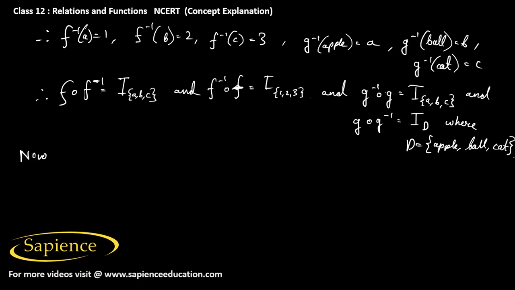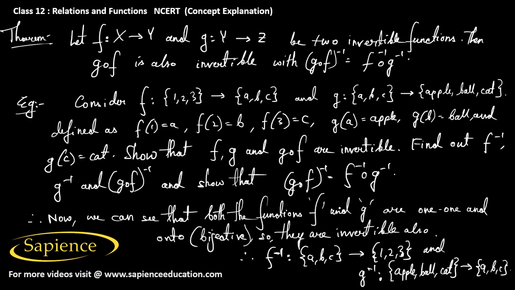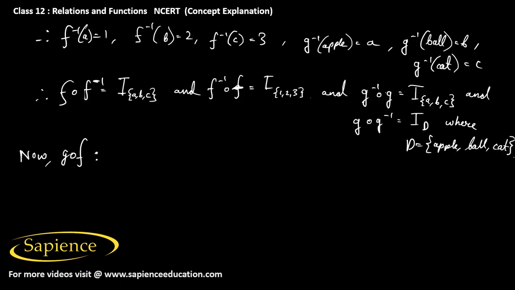So now, therefore, g of f will map from the set 1, 2, 3 to apple, ball, cat.